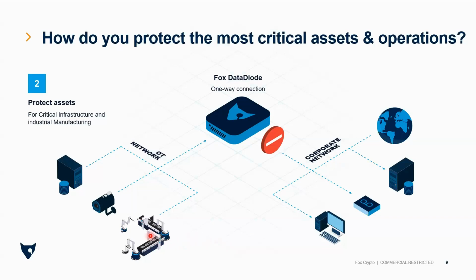Now, you do want to have information about the plant, about the camera streams, to store it at a central location, perhaps databases that you want to replicate to the corporate network in order to analyze what's going on in the plant.